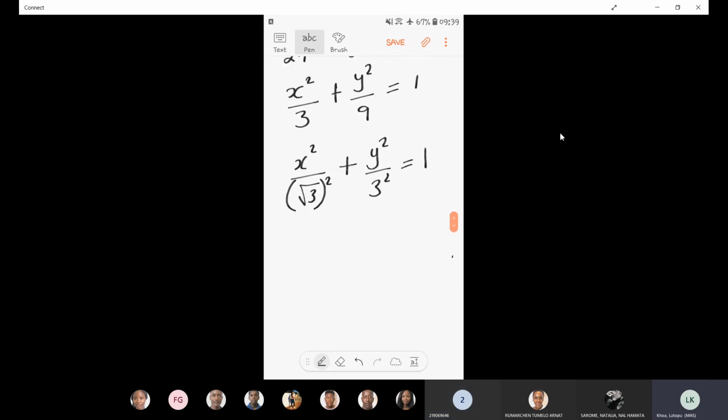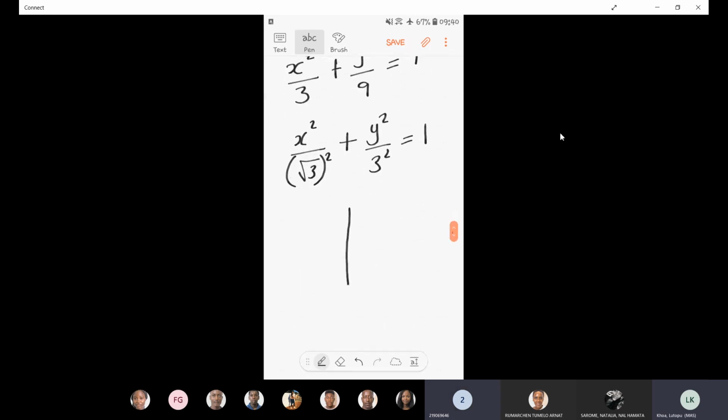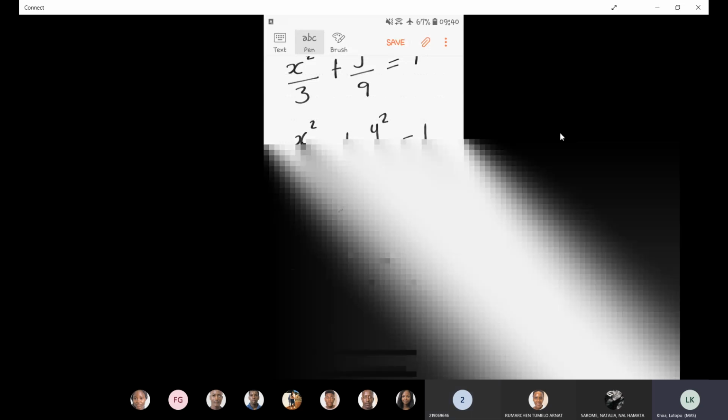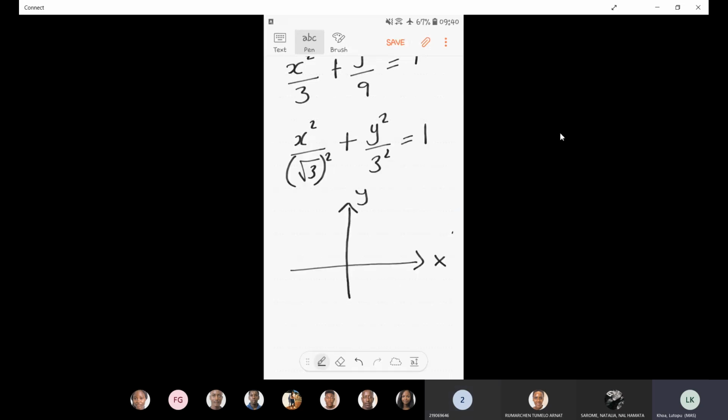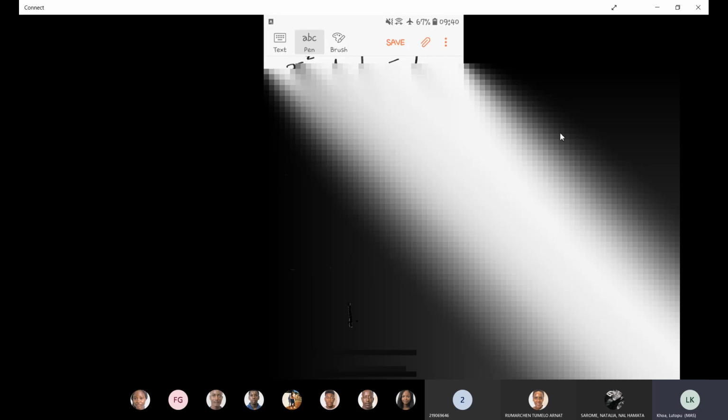Then the sketch is very simple. This is your x and y axis, so that's my x and y. I label it. We say that a is on the x-axis, so I have minus square root of 3, and then square root of 3 over here, and then 3 here, and then 3 over there.